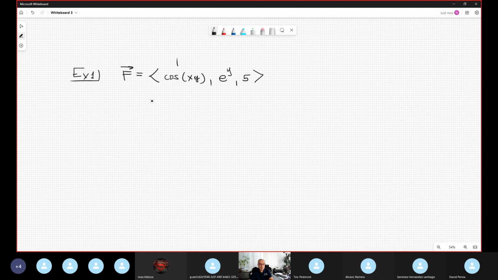This is P, this is Q, and this is R. Okay, thus I want to find the flux integral of this vector field, and the surface is expressed mathematically or graphically as the unit square.